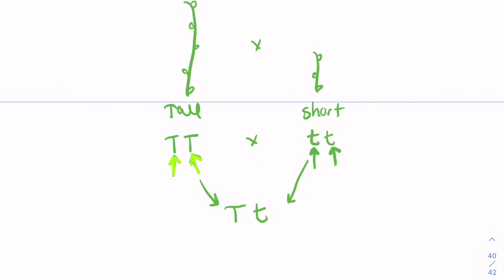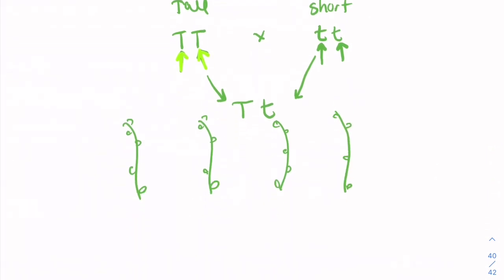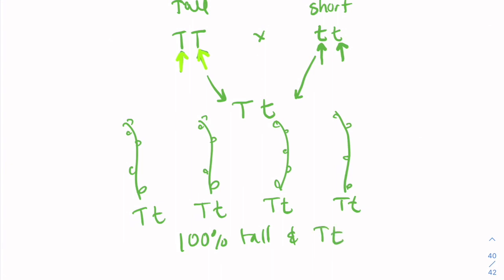So 100% of their plant babies were tall. If you think back. Oh boy, I'm getting really crappy with my pea plant drawing here, right? So they were 100% tall, and their genotype all had to be heterozygous. 100% tall and heterozygous.